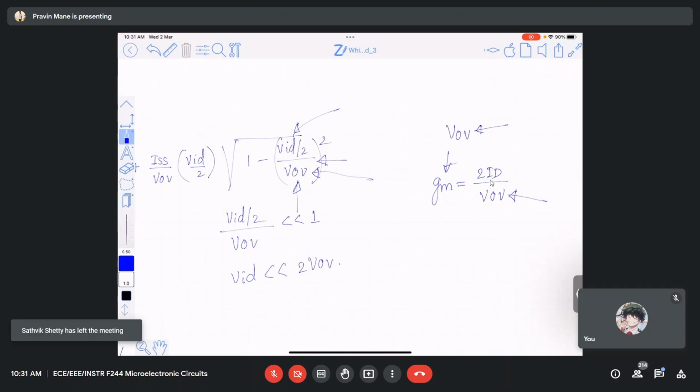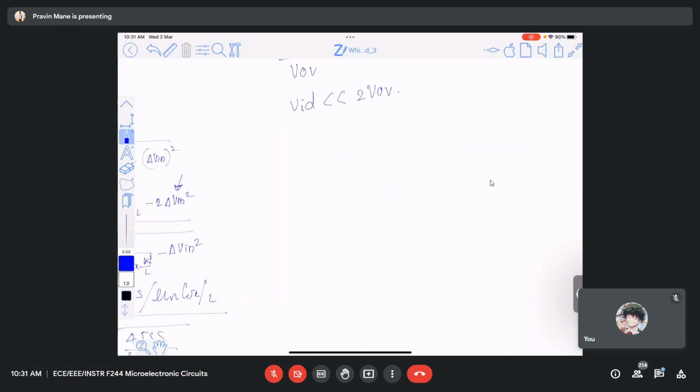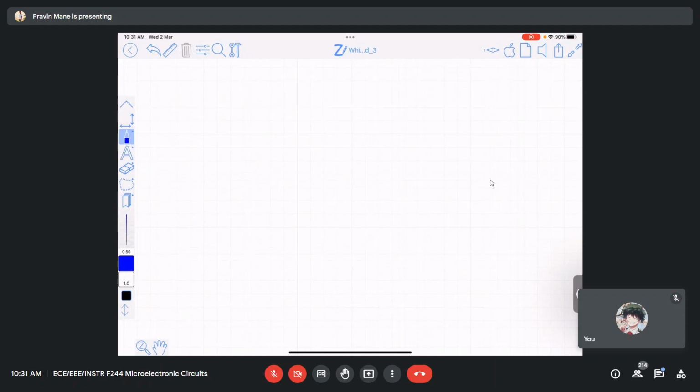So with this, now we will see how to do the analysis. I said the gain is minus gm into RD, right? I will now draw the circuit and we will solve it by 2 different methods. This is ISS, this is V in 1, this is V in 2.